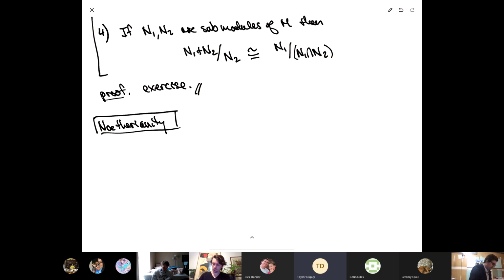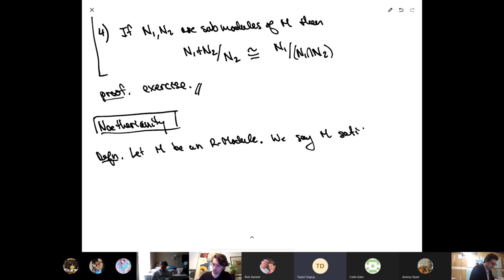Okay, so definition. The ascending chain condition. Let M be an R module. We say M satisfies the ascending chain condition if what?